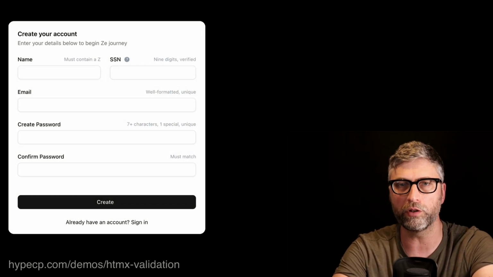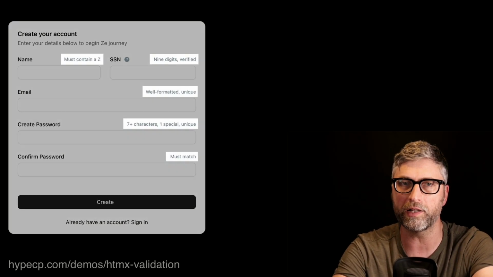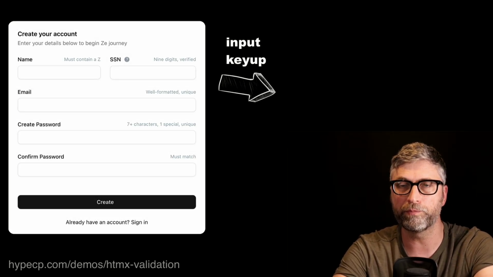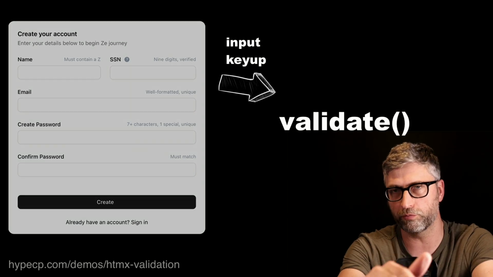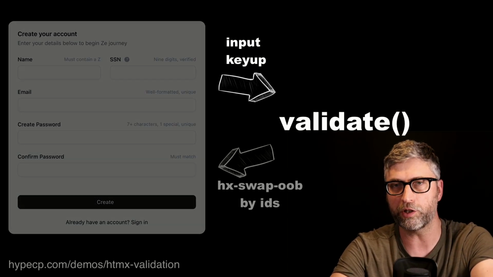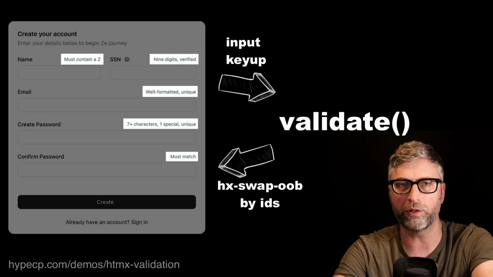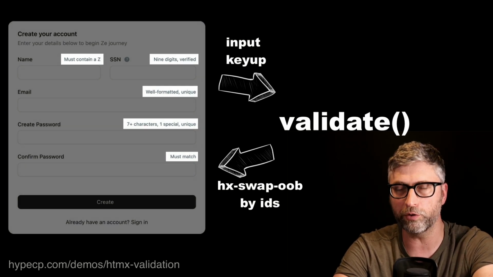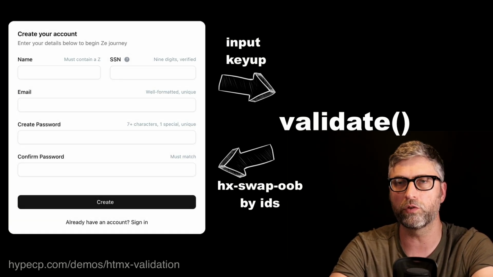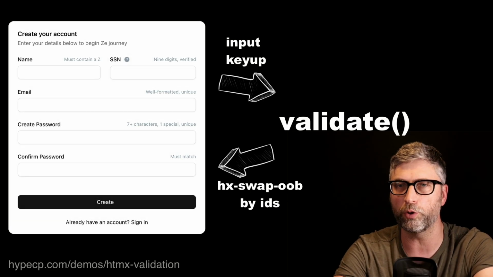So the plan here is to give every one of our little validation rules an ID and then update them as the user goes through them, right? So the user makes a change to the input. We're going to update the validation rule that goes along with it. htmx is low level. There's a lot of different ways to do this. But what I like about this is that we can use the exact same code for all these inputs.